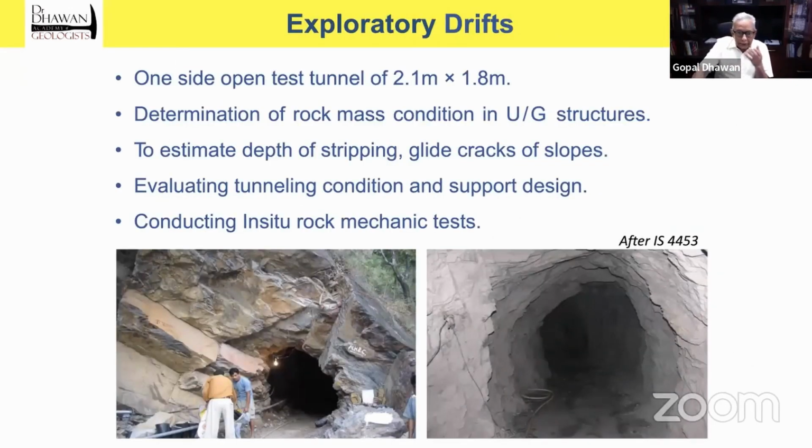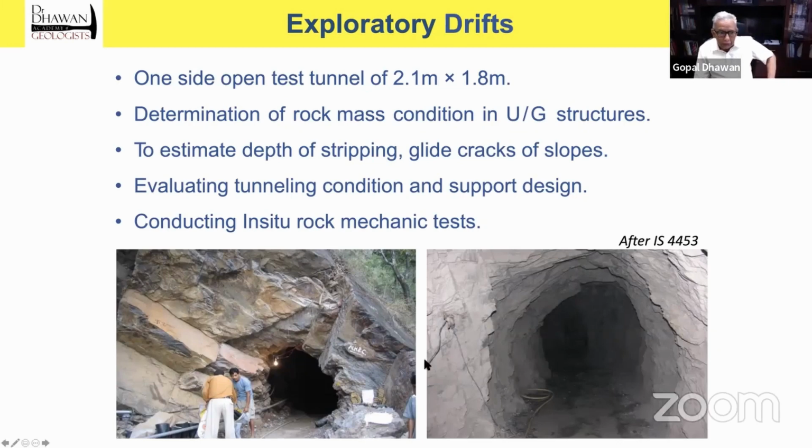Next is exploratory drifts. These are one-side open test tunnels of 2.1 to 1.8 meter. But this is not a very well-defined standard. Depending upon your requirement, you can make bigger drifts also, but this is what we used to follow in the hydropower sector.